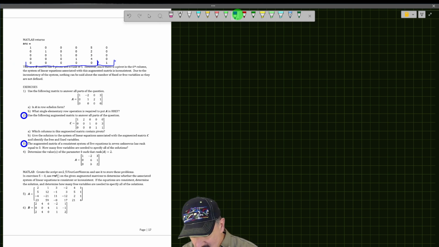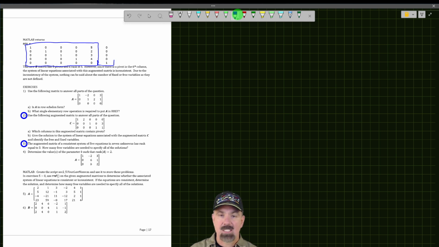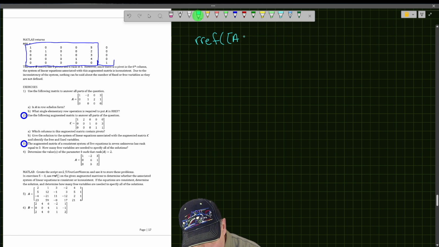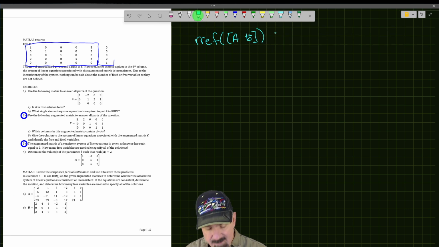So what we'll do instead is take a look at what the RREF is telling us about A. Remember that when we RREF an augmented matrix, RREF of A augmented with B, that's giving us two pieces of information.